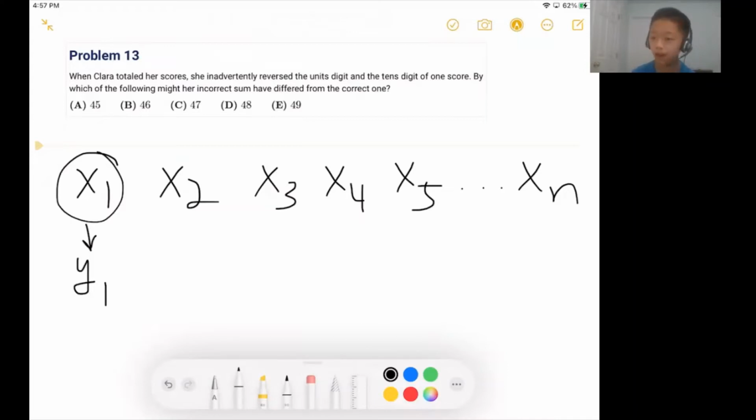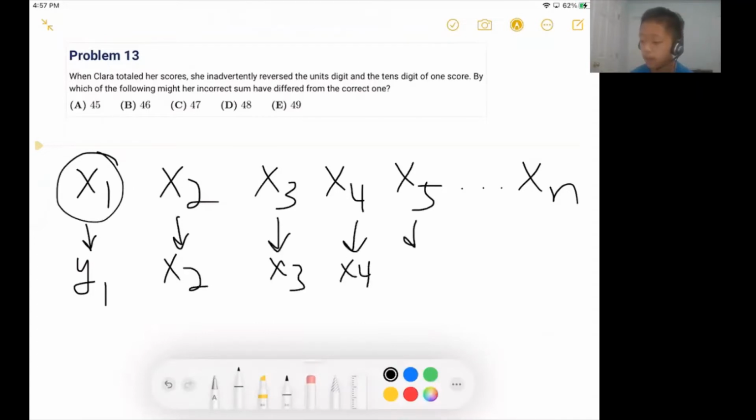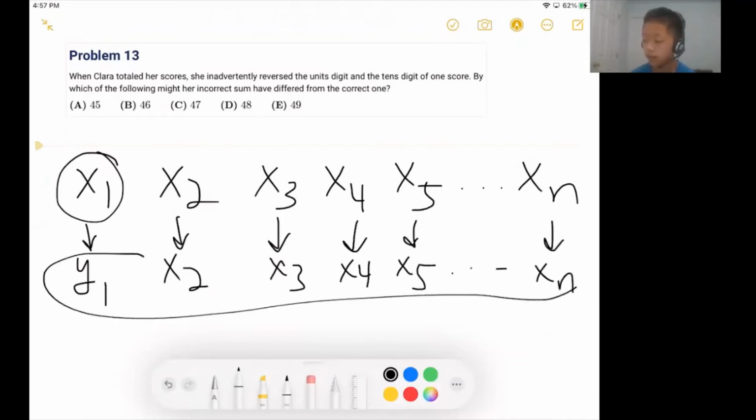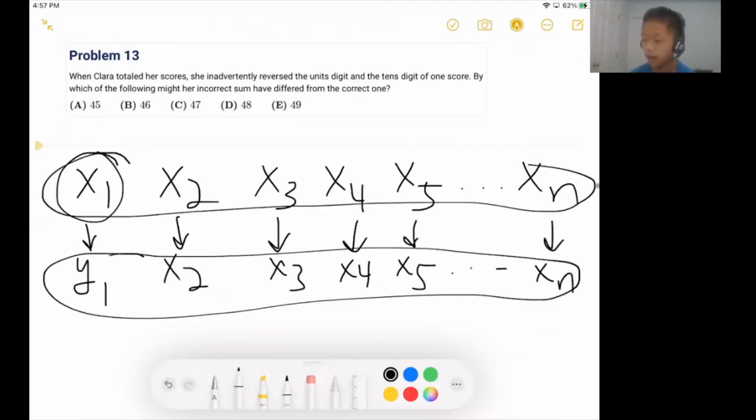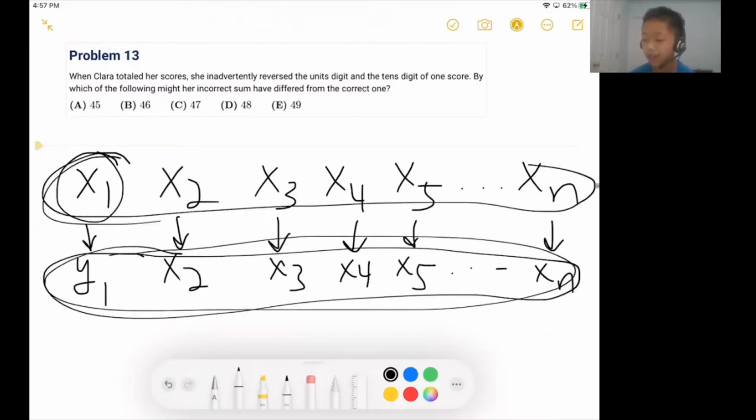All of the remaining ones stay the same, because she didn't make a mistake with the other scores. So she still got X2, X3, X4, X5, and so on, up to Xn. So these are the incorrect scores, and these are the correct scores.